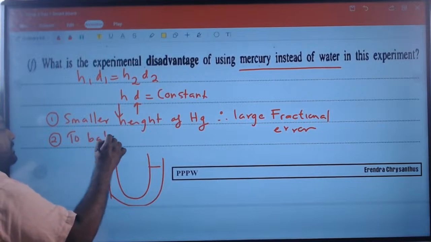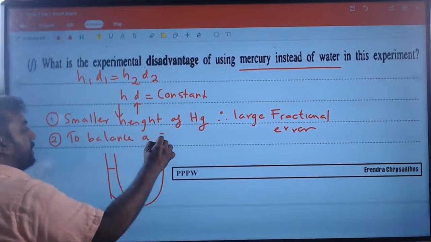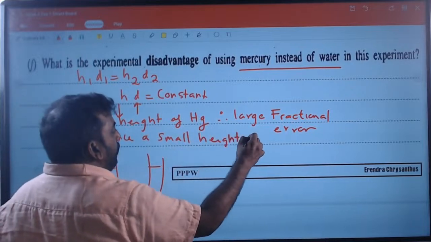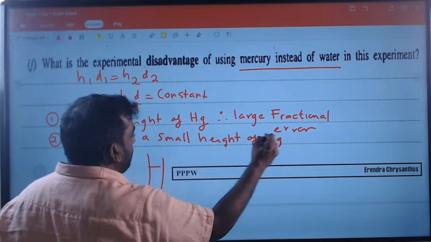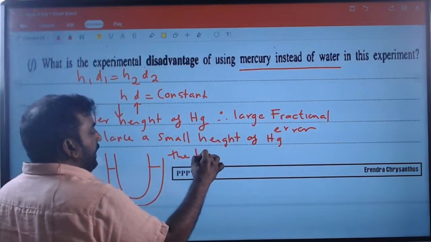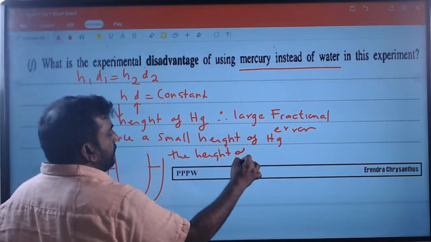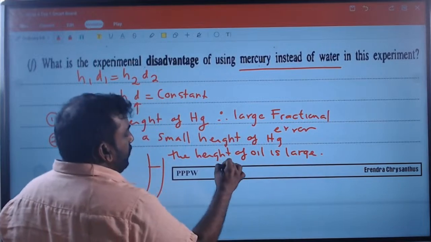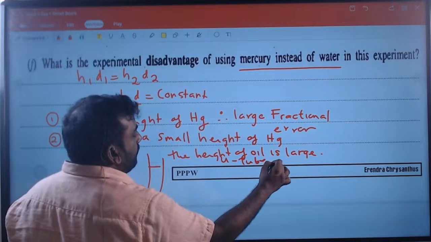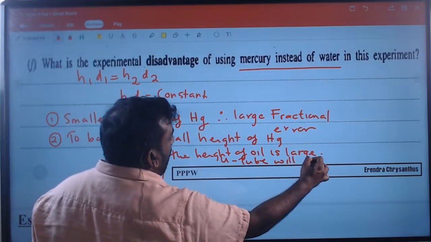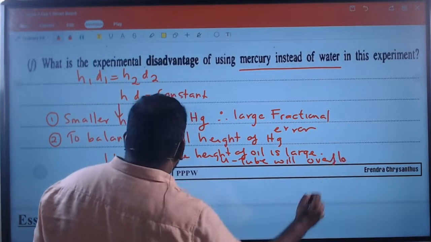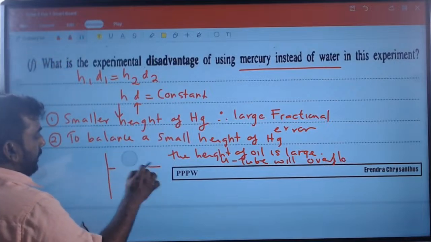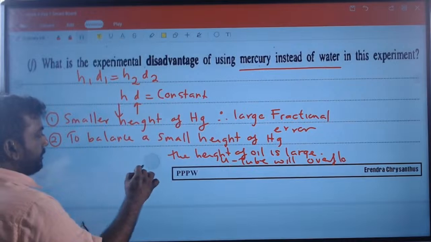To balance a small height of mercury, the height of oil is large. The U-tube will overflow.